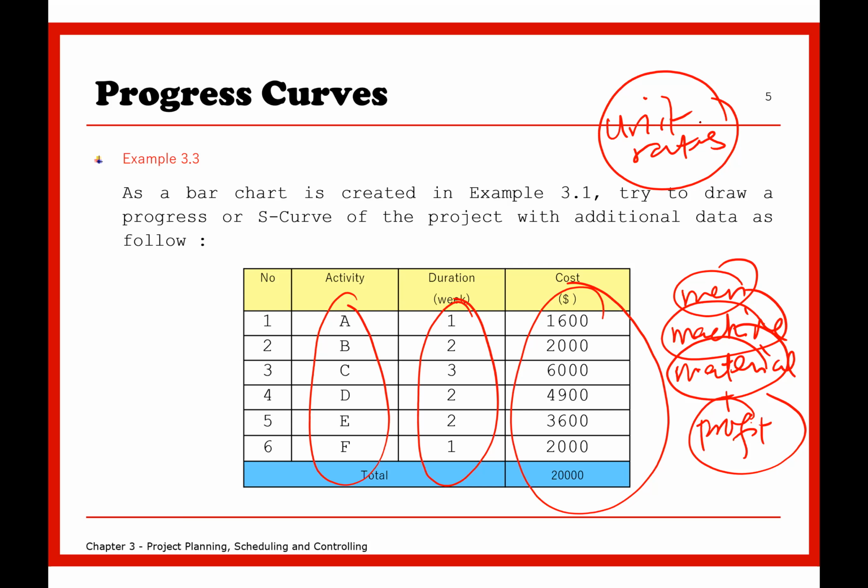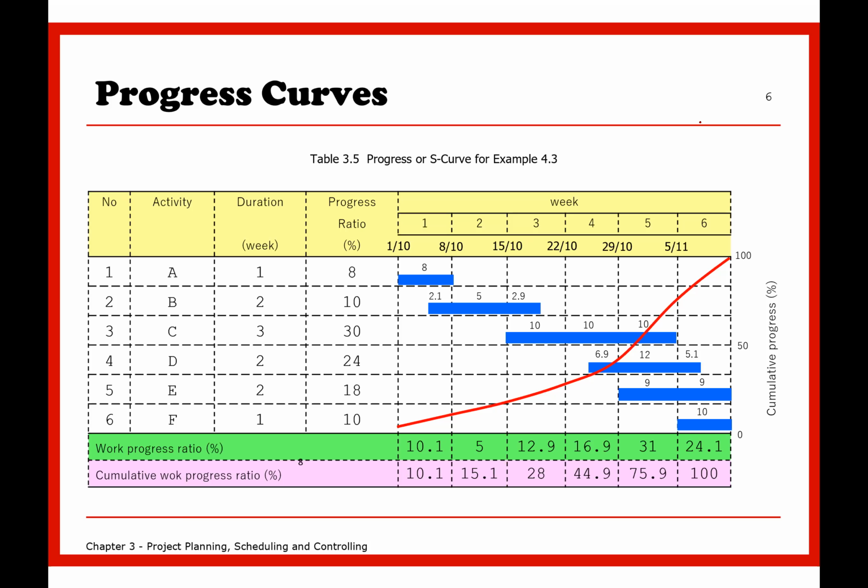But what I want to show here is, if you input resources into your scheduling, at the end of the day you will be able to get what we call the S curve. This is what we call the simple S curve, based on financial S curve.